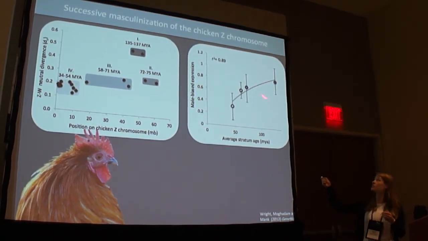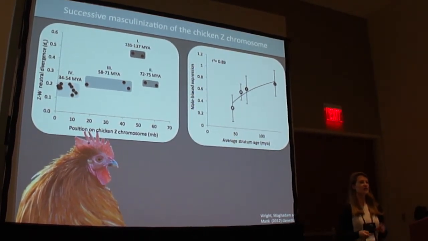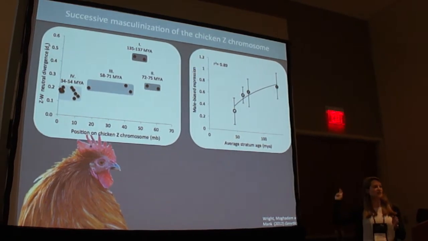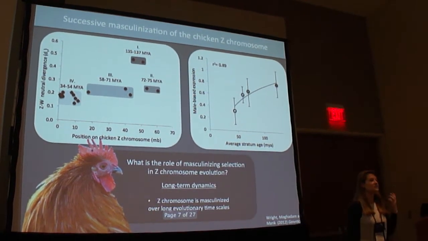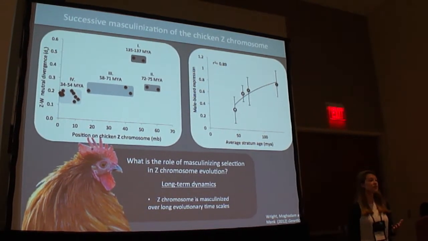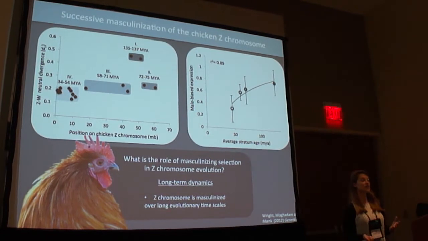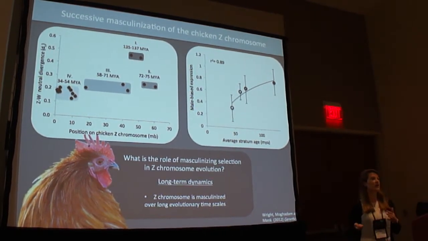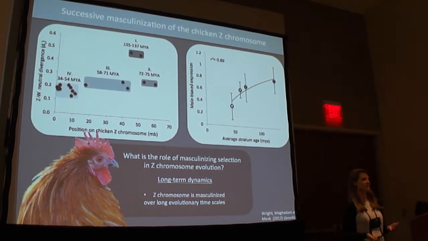So this is the oldest region here and the youngest region here, containing about 40 Z-linked genes. And you can see that over time, male-biased expression accumulates on the Z chromosome. And this is really consistent with the effects of male-specific selection, indicating that at least over long evolutionary time periods, so over the course of around 130 million years, the Z chromosome is masculinized.